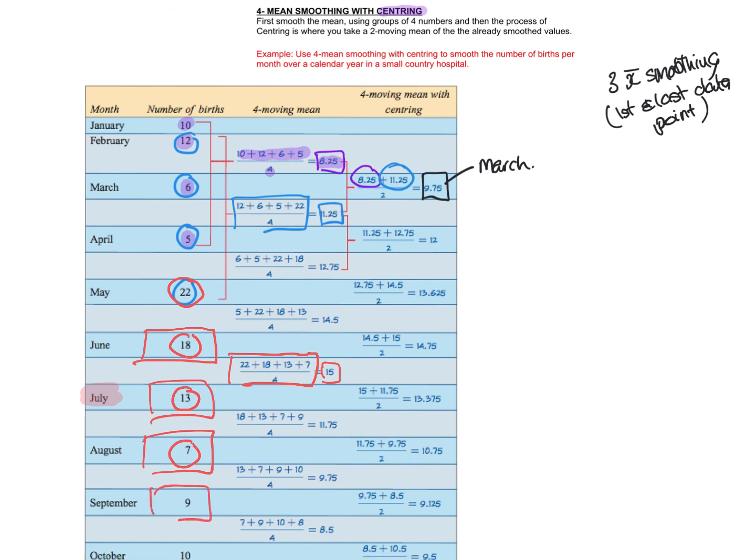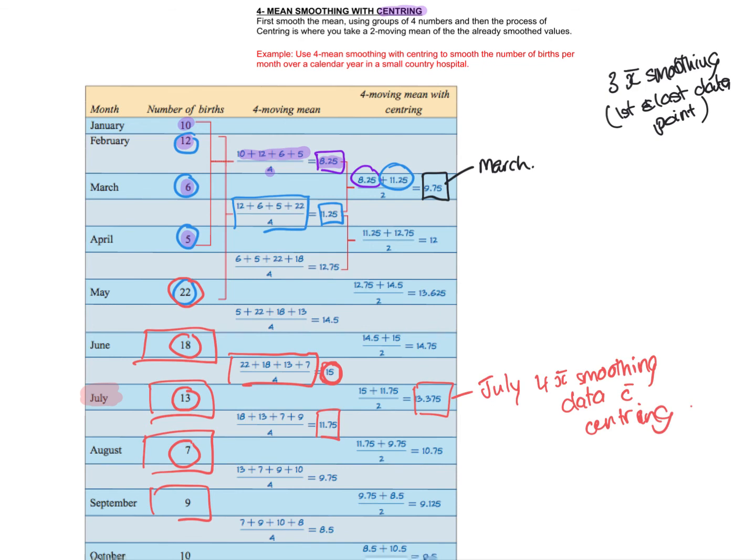And that one is, so this one was the circle scenario, and this is the square scenario, and you can see we've added them together, and this was your answer. So this is your July 4 mean smoothing data with centering. So they will always have with centering. You've got to center it when it's even numbers.